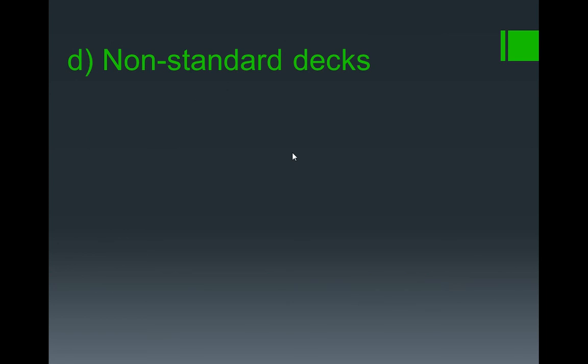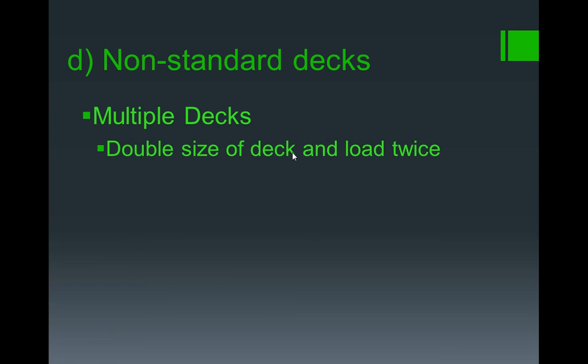Working with non-standard decks, I thought this was a really good idea until I started playing with it. Multiple decks, basically creating a larger array of records, and then simply loading the deck twice into it is quite easy. Or if you're generating your deck, then generating it twice, but just having a larger array.